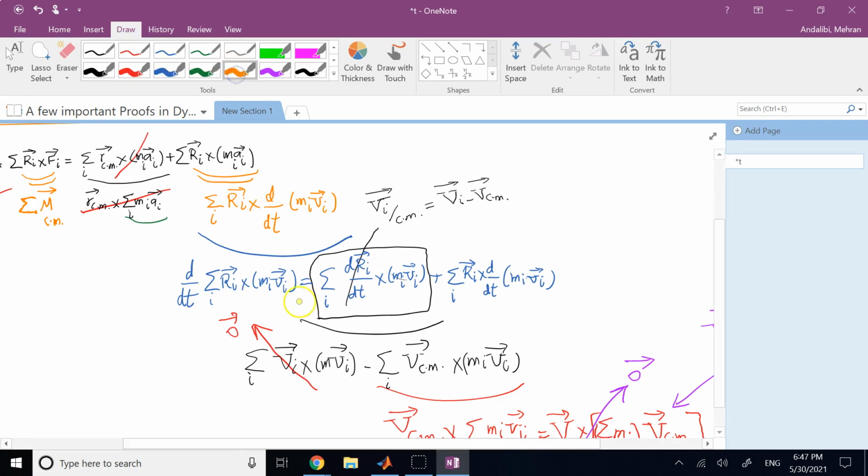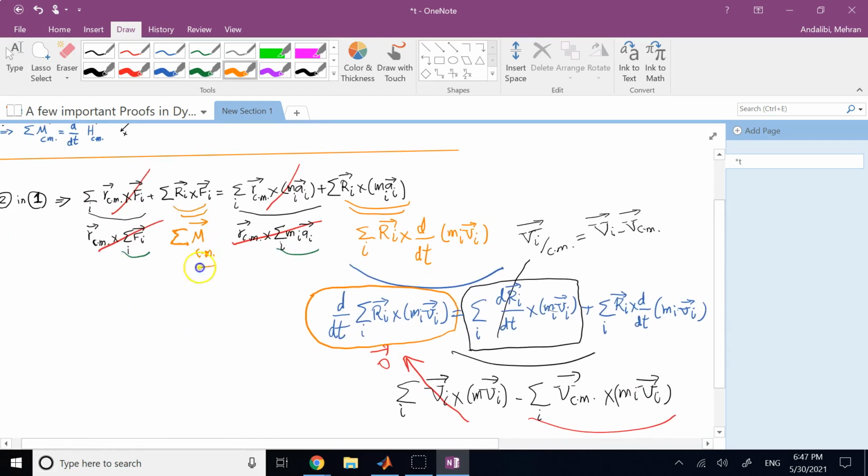So this is what I wanted, to write it like this. And this is that term on the left. Now this term on the right, as you know, is clearly equal to d over dt of the summation of angular momentums about the centroid. So I can write it as h about the centroid. This is the total angular momentum of the system about the centroid.